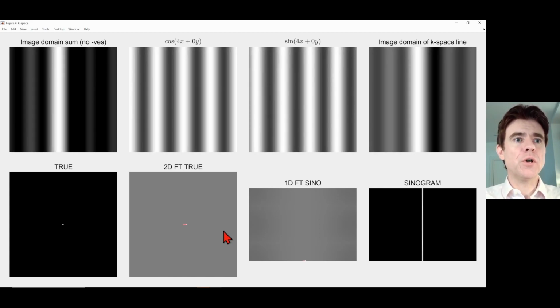So if I go to kx is equal to 4, as I progress along this kx axis, I've now got 4 cosines, 4 sines. I'm adding these together by using the values in this 2D k-space. Remember, this is capital F as a function of kx and ky. And the capital F tells me, as a complex value, how much of the cosine, how much of the sine to add together when I'm doing the image domain representation, in other words, the Fourier synthesis or the inverse Fourier transform.